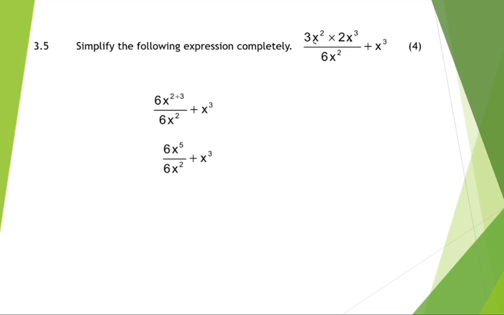So we end up with 6 multiplied by x to the power 5, divided by 6x to the power 2 plus x to the power 3. We are dividing, so we divide 6 by 6, which gives us 1. Then we subtract the exponents, 5 minus 3 is 2. So that will be x to the power 3 plus x to the power 3, and x to the power 3 plus x to the power 3 is 2x to the power 3.